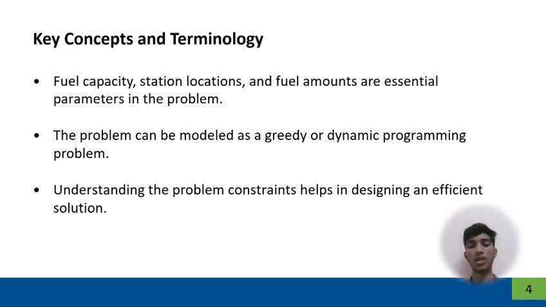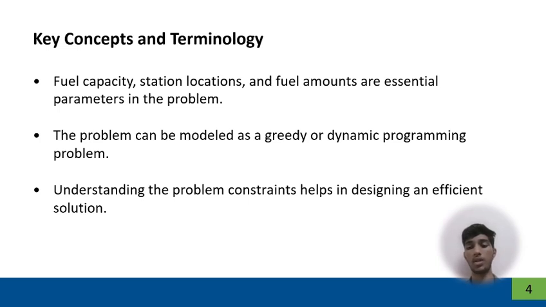Key concepts and terminology. Fuel capacity, station location, and fuel amounts are essential parameters in this problem. The problem can be modeled as a greedy or dynamic programming problem. Understanding the problem constraints helps in designing an efficient solution. Before solving the problem, we need to understand some key terms. Fuel capacity: how much fuel the vehicle currently has.